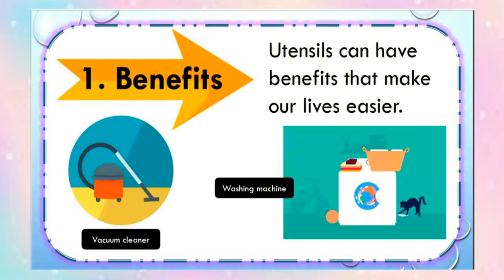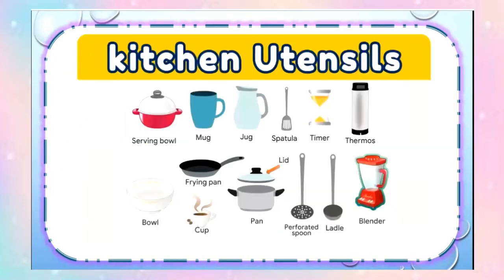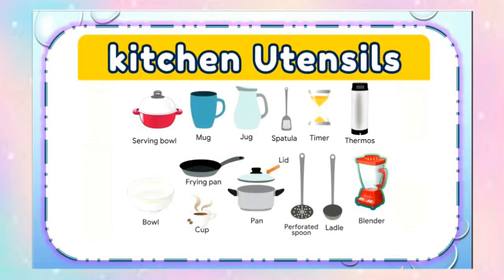It's very useful. Benefit means it is useful to us, like we can get something from it. So the vacuum cleaner is helpful to us. And this one, the washing machine, is also helpful. It has benefits.